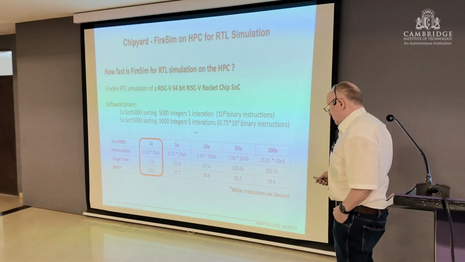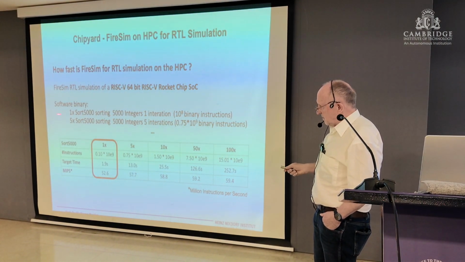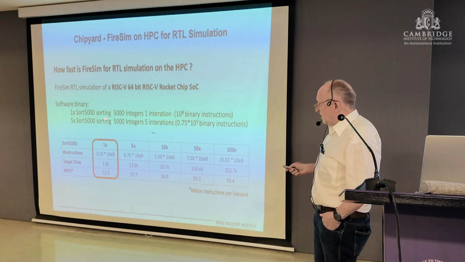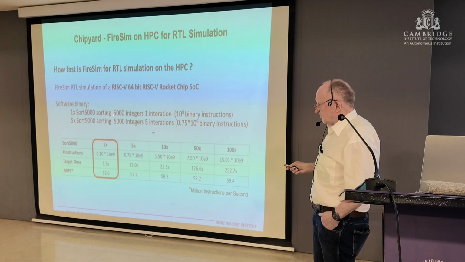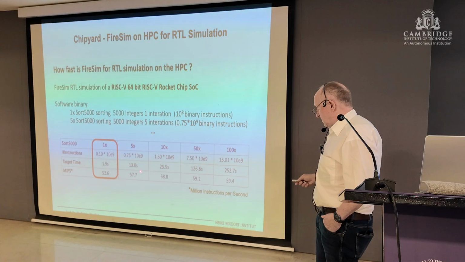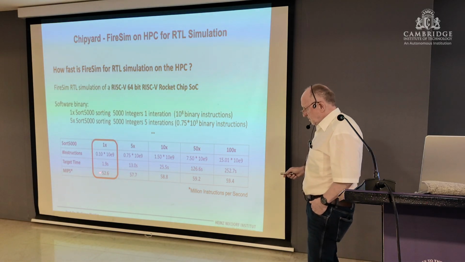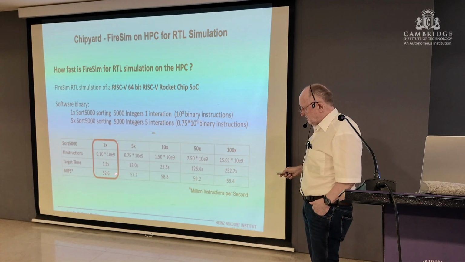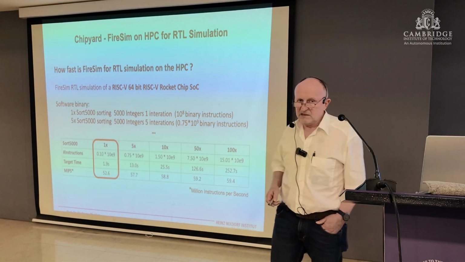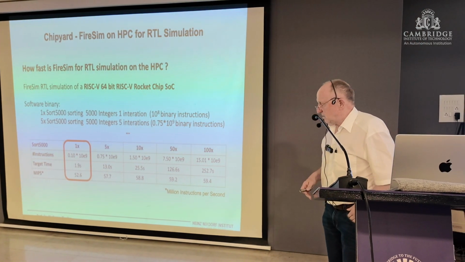You can also see that we then scaled the software. We let the sorting algorithm run not only once, but 5 times, so that we had a series of measurements, and what we see here is at least 50 MIPS or larger.